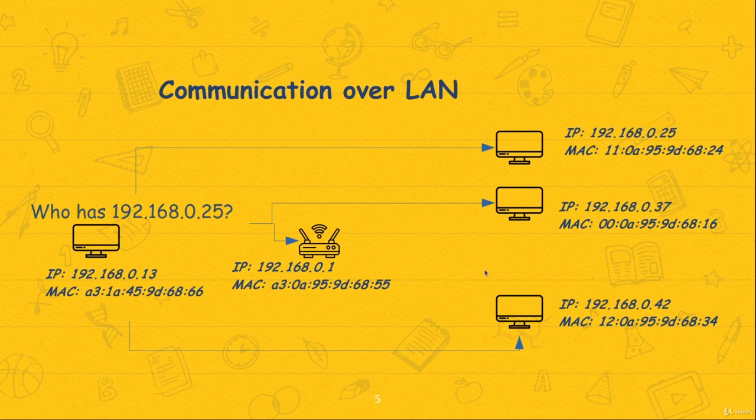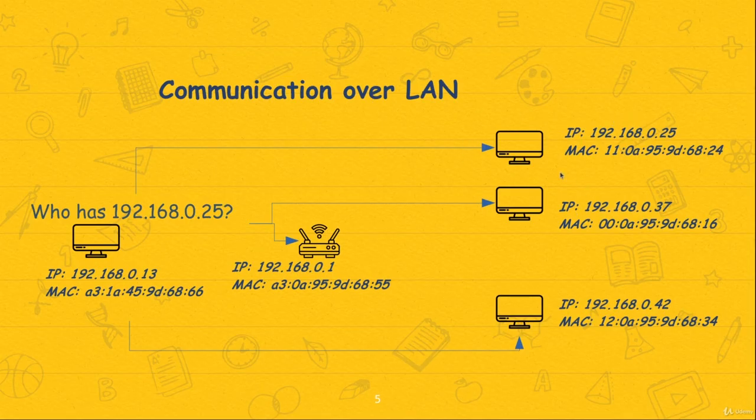Once verified, this will return false because 192.168.0.1 is not equal to this value, and similarly this will return false and this will return false, but this will return true because this value is the same as this one. As I said, you shout, for example, whose name is John, and only John will reply because his name is John.